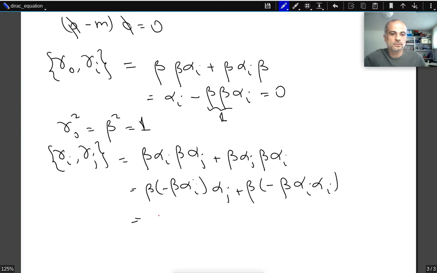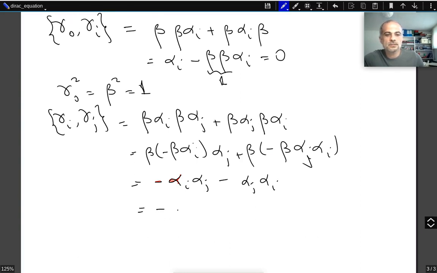Beta squared is 1, so this is minus α_i α_j minus α_j α_i. Well, this we know is minus 2 times Kronecker delta ij, or we can also write it as 2 g^ij, g being our metric tensor. Since we are using the signature (+,−,−,−), the space components of the metric tensor are just minus the Kronecker delta ij.